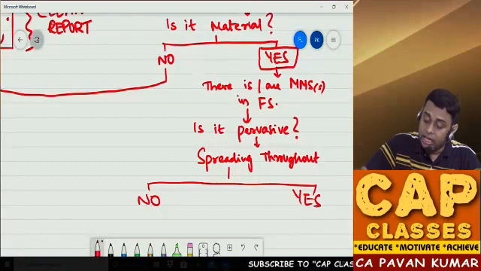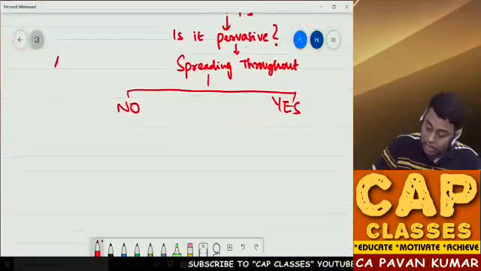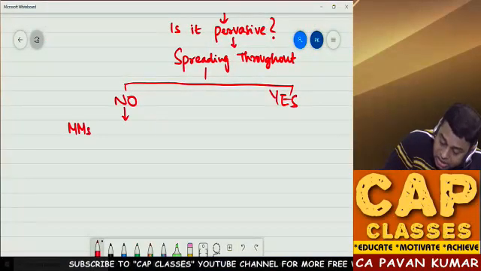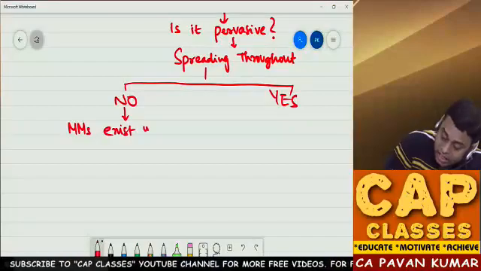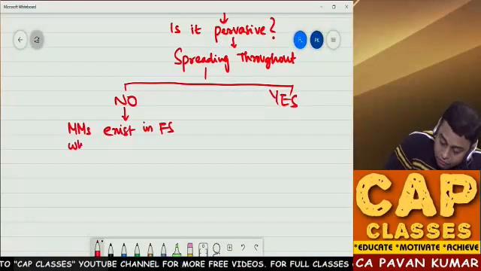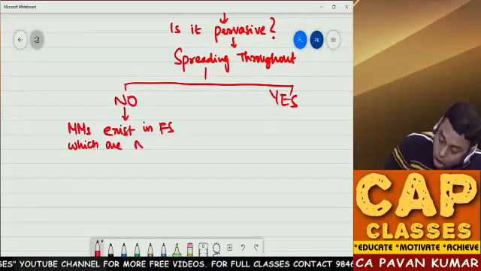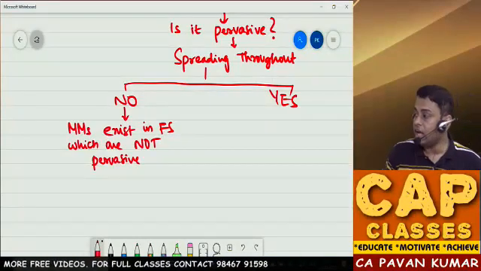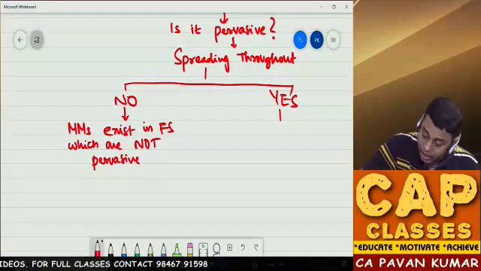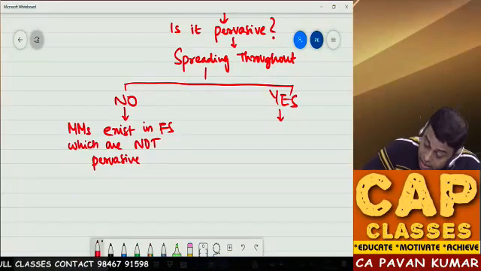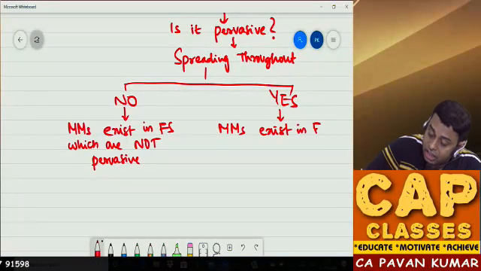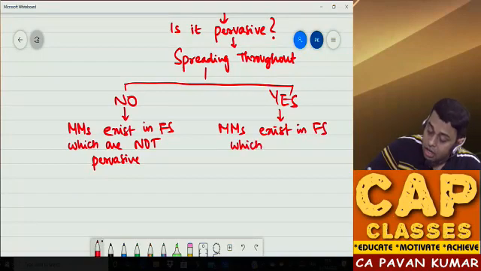If the answer is no, material misstatements exist in financial statements which are not pervasive. Otherwise, material misstatements exist in financial statements which are pervasive.